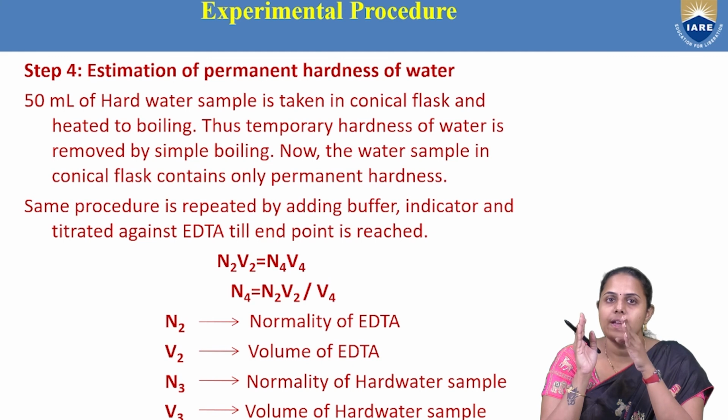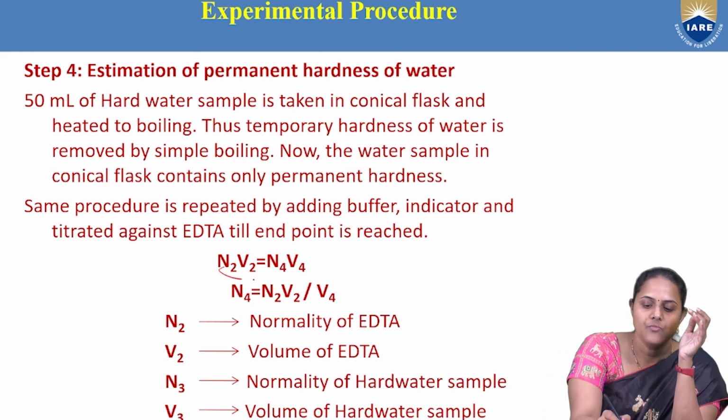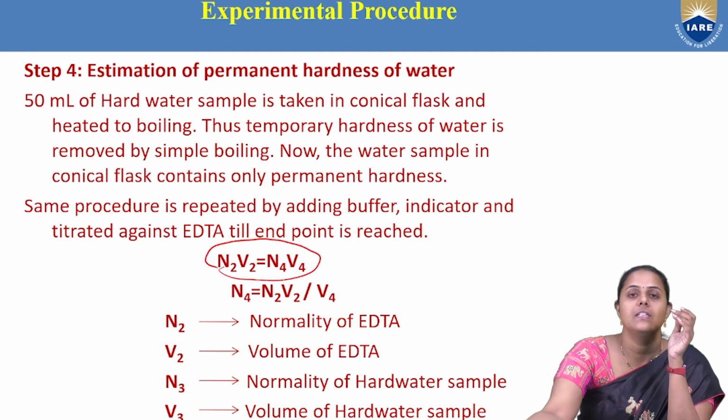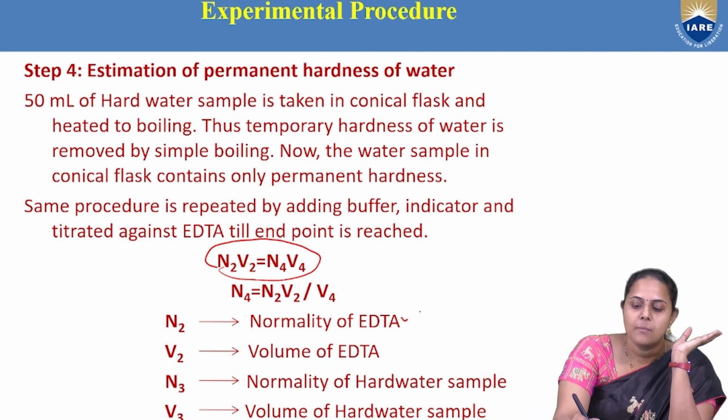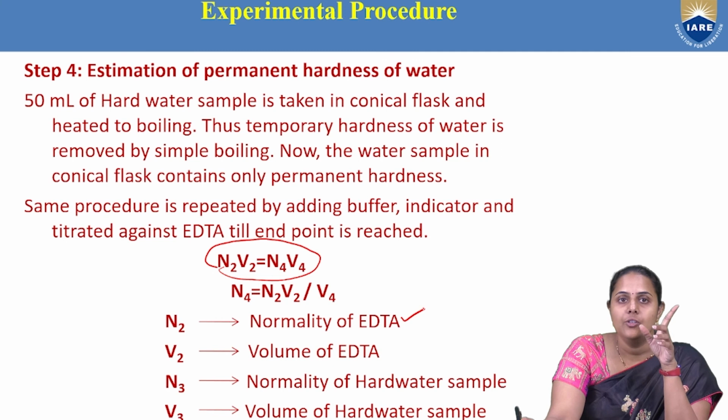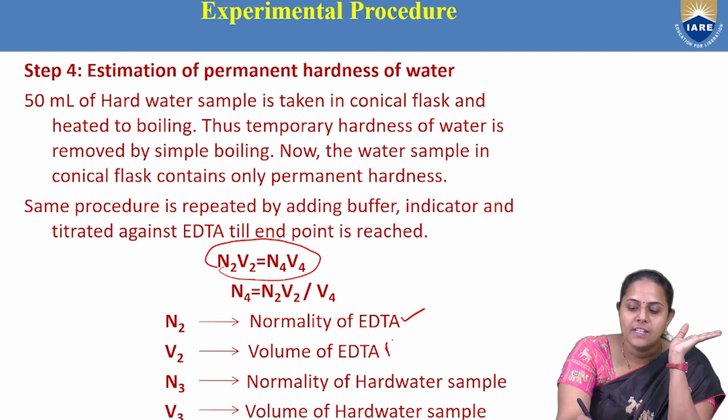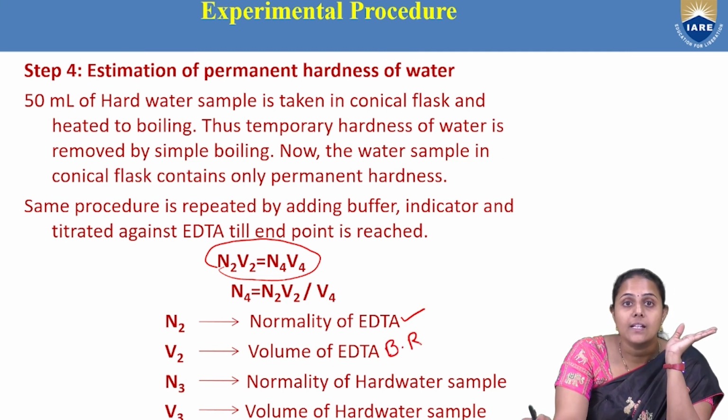That value will be substituted in this formula, N2V2 is equal to N4V4. N2 means normality of EDTA, the value we found in the second step. That value we will substitute. Volume of EDTA is nothing but the burette reading. N4 is the normality of the hard water sample we need to find out.